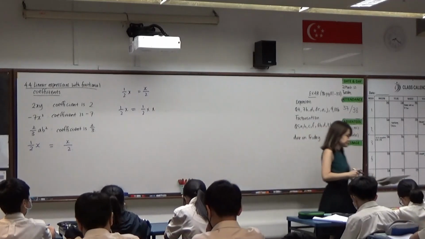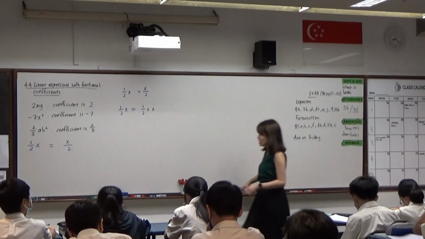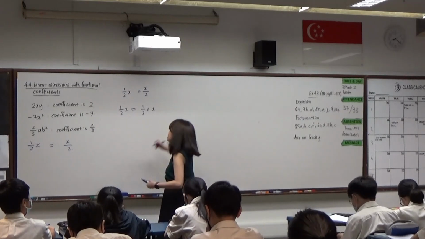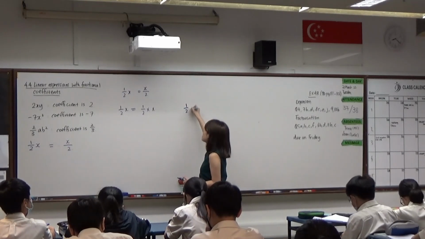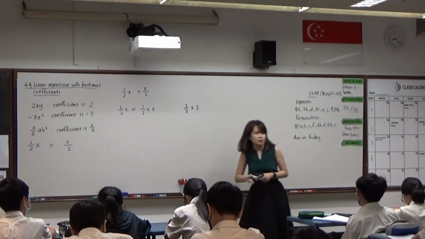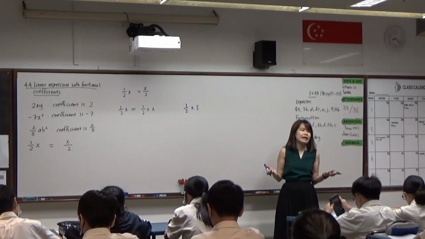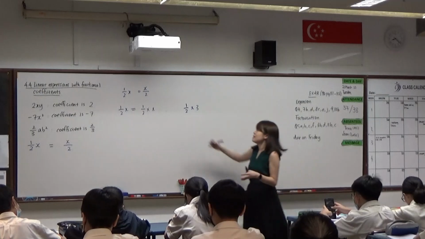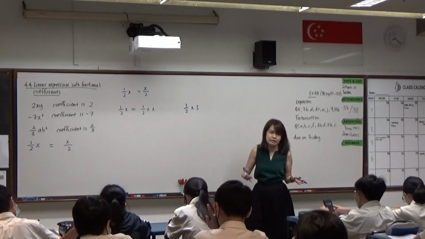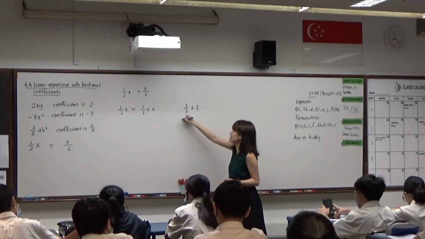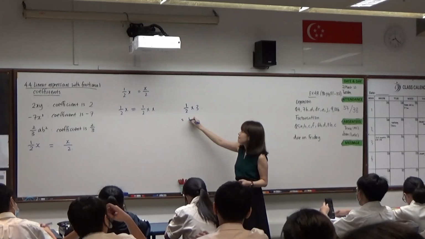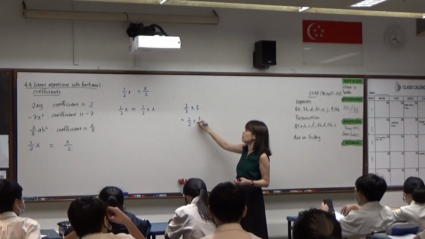Let us think about it in number format. If I have half times 3, we can clearly press into our calculator and get 1.5. But how do I do it mentally? I need to recognize that half times 3 is the same as half times 3 over 1.